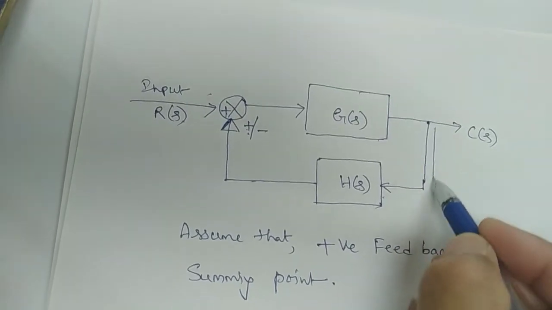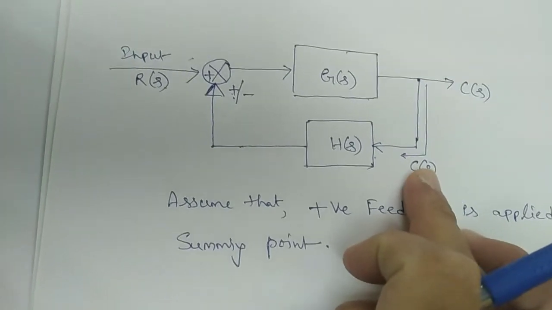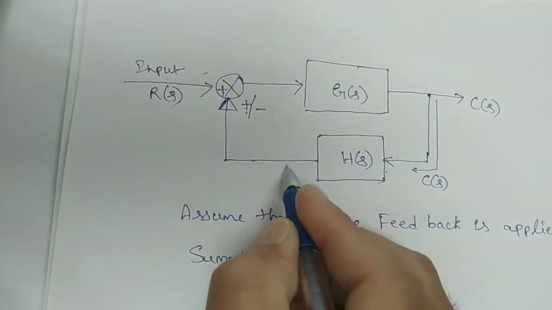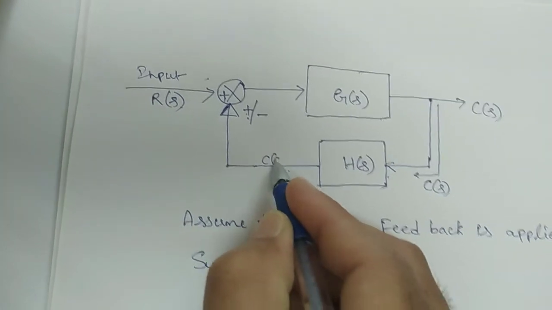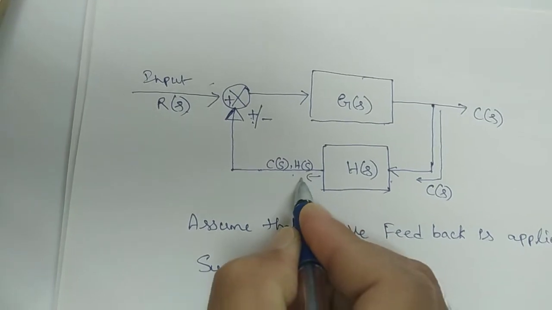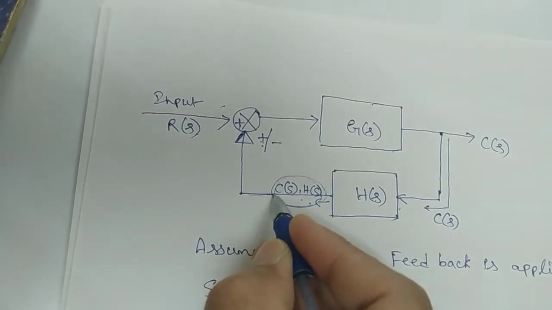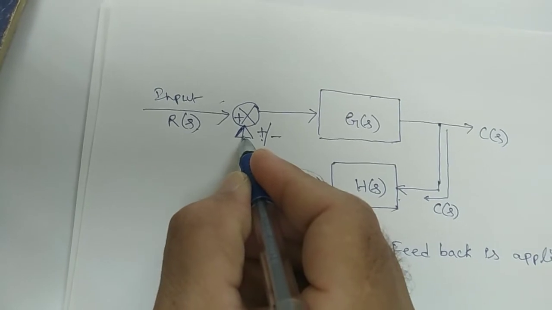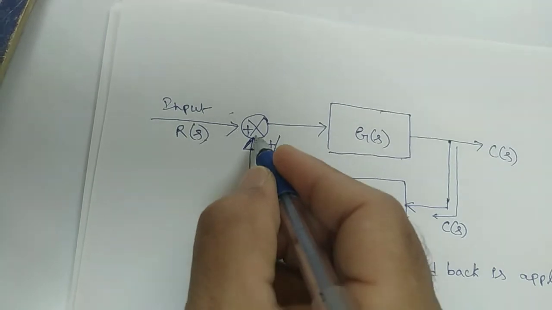You are giving C of S through H of S. Therefore the output after H of S is nothing but C of S into H of S. This is the product, and this signal will be applied as positive feedback.